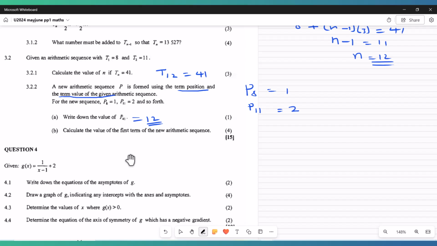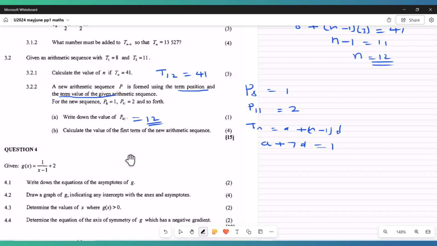We know for any arithmetic sequence, Tn equals A plus (n minus 1) times D. In this case, our P8 is 1. So our first term A, which we are looking for, plus 8 minus 1, which is 7, so 7D, equals 1. That's the first equation.